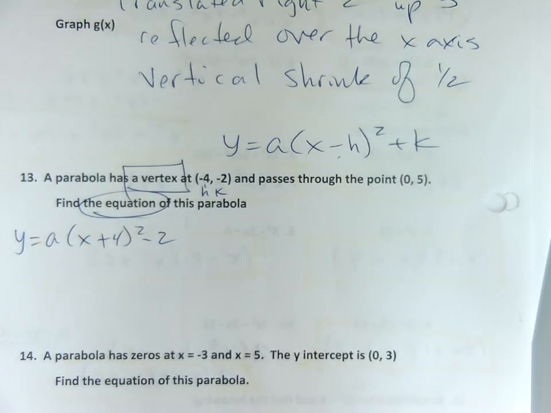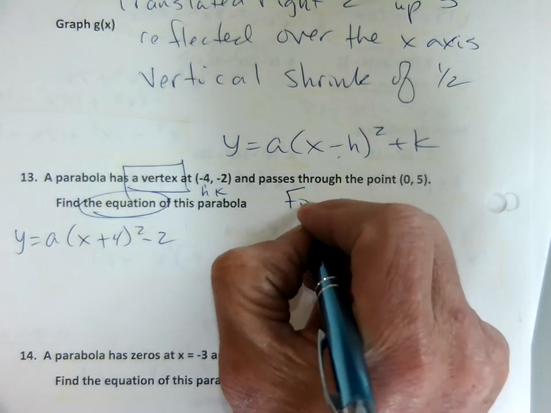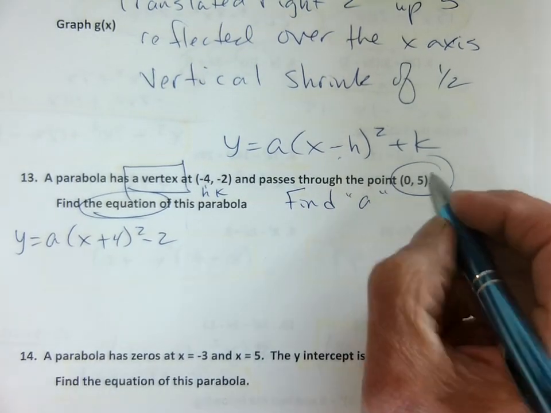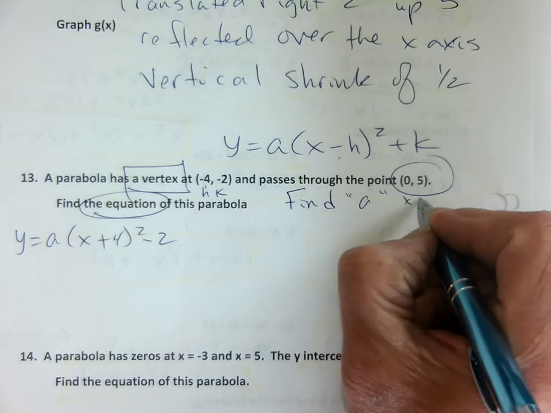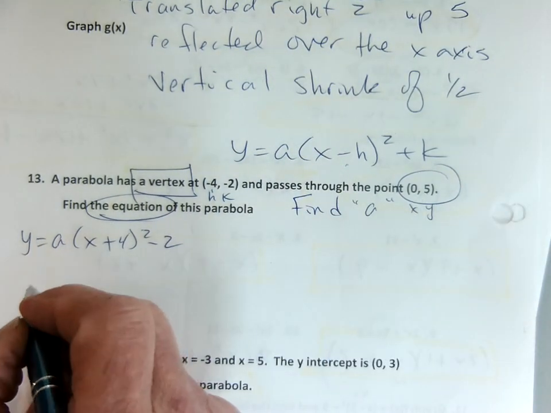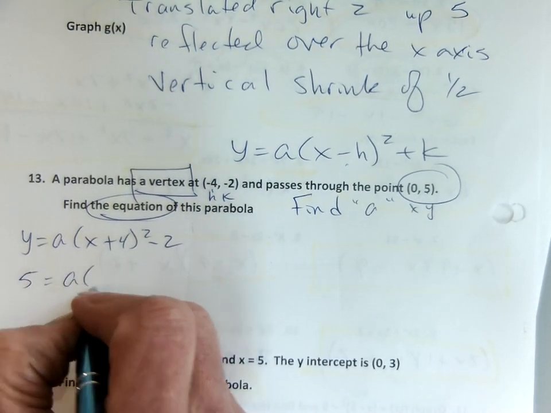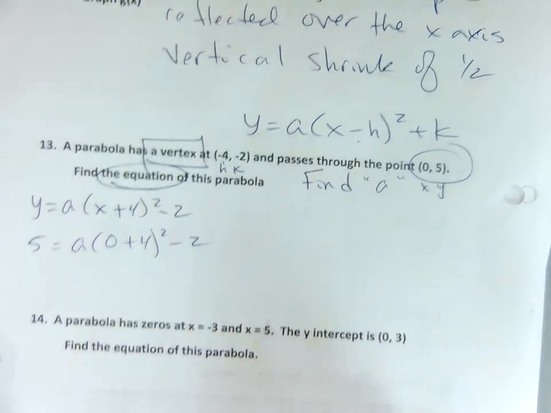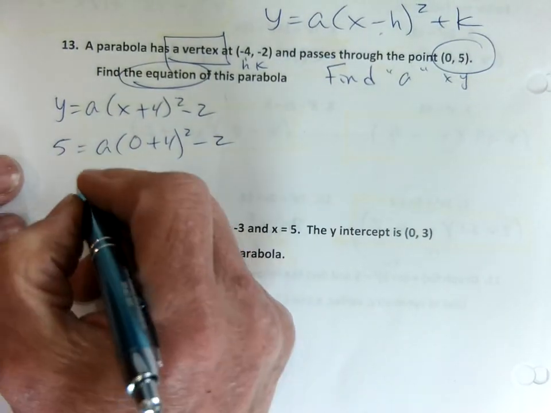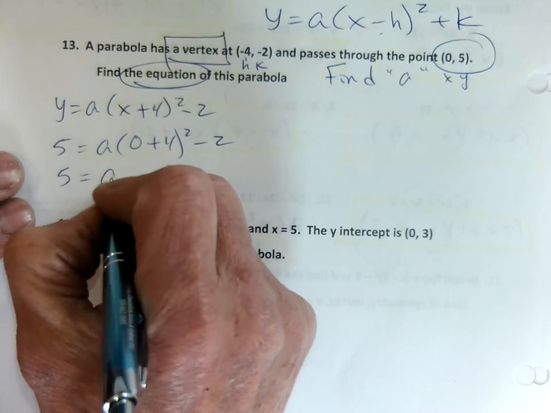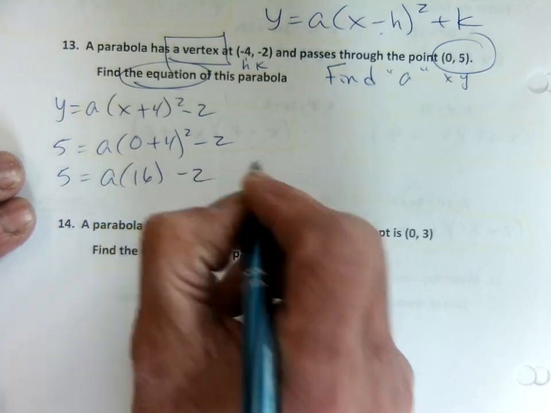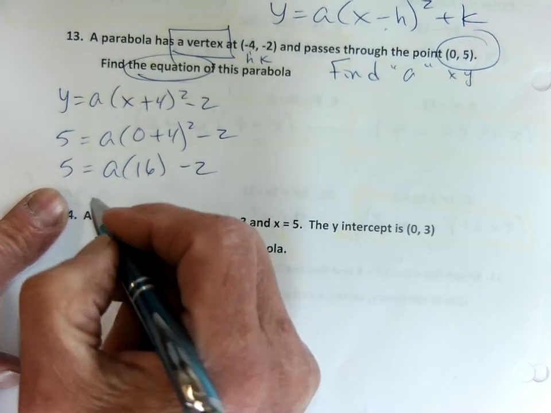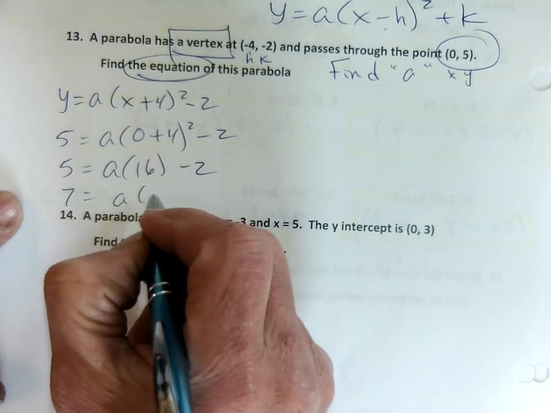Okay, now I need the value of a. So let's find a. How do I find a? Well, I need another point. I've got another point. So I've got an x and a y. Put my 5 in for y. Put my 0 in for x. Now all I got to do is solve for a. All right, that's not too bad. So I'm going to go 5 equals a times 16 minus 2, right, because 4 squared, plus 2, 7 equals a times 16.